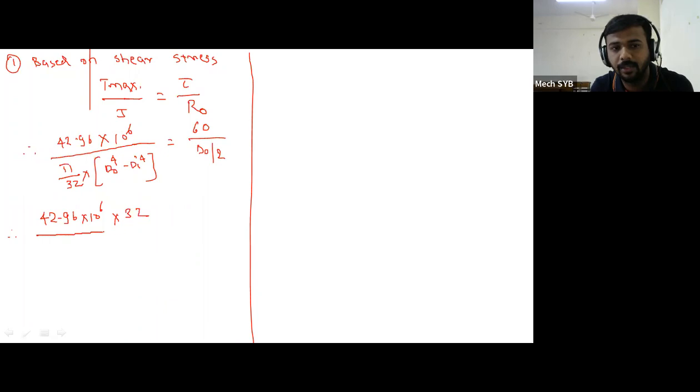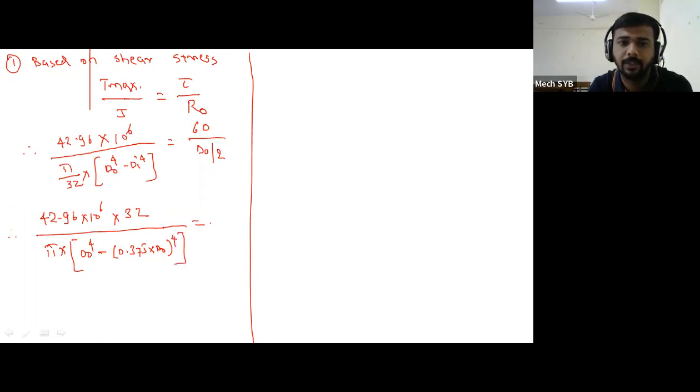I will take at the numerator side, divided by pi as it is into, square bracket of do raised to 4 minus di, the value of which we know, 0.375 into do, small bracket complete raised to 4, square bracket complete is equal to 60. This 2 is present at the denominator side, I will take to the upper side, into 2 divided by q.